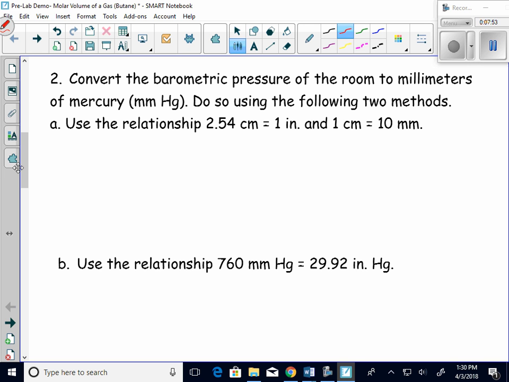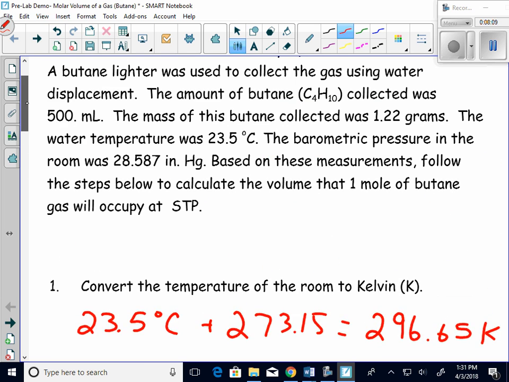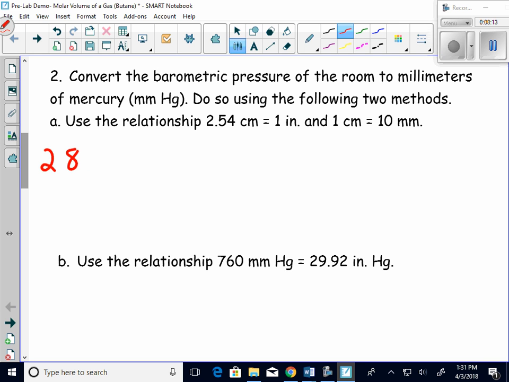It doesn't matter to me which way you use. As I'm doing this, what is my pressure in inches? 28.587 inches of mercury, right?